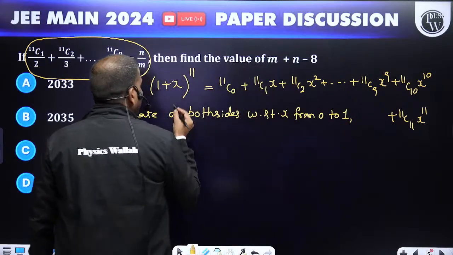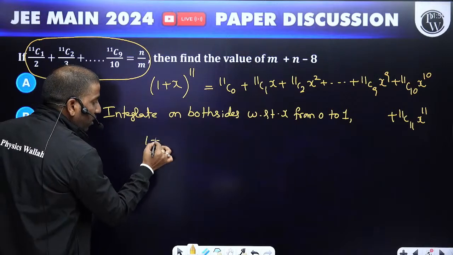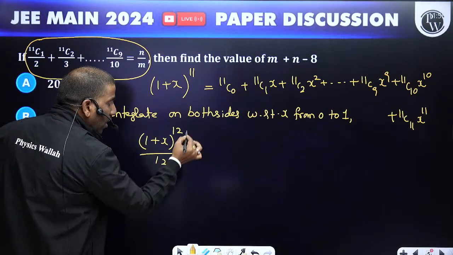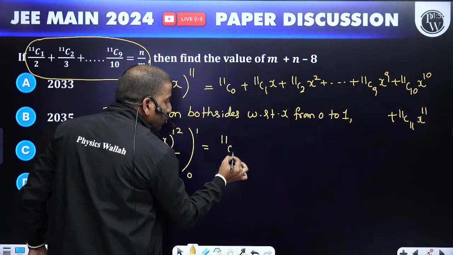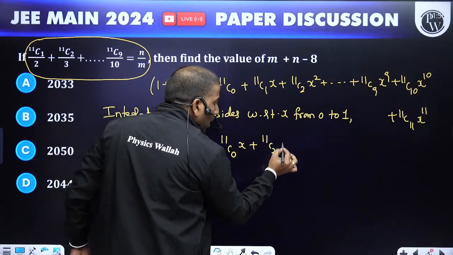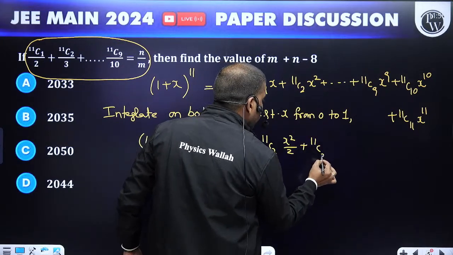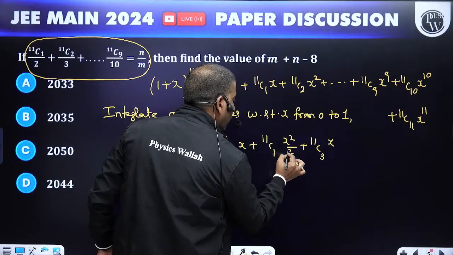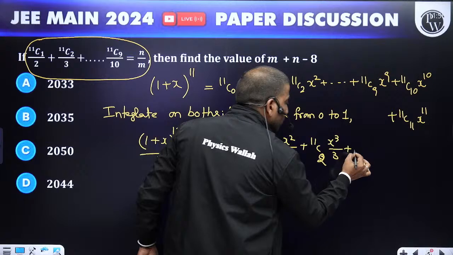See the magic here. Integration of 1 plus x whole power 11, so what is the integration? 1 plus x power 12 by 12, limits 0 to 1. Similarly, 11c0 x, 11c1 x square by 2, 11c2 x cube by 3, plus and so on.